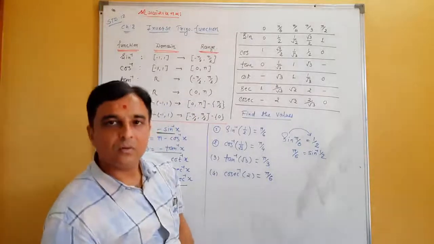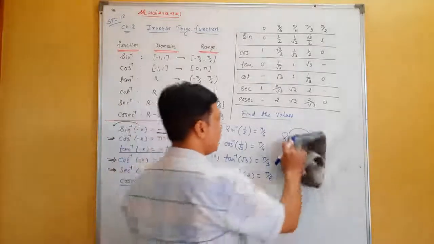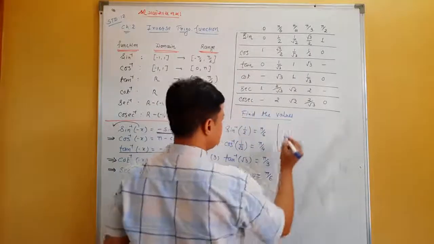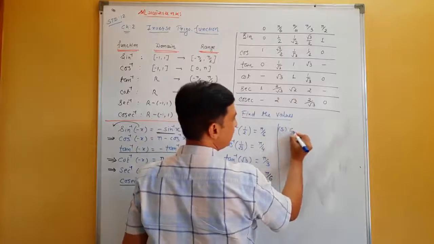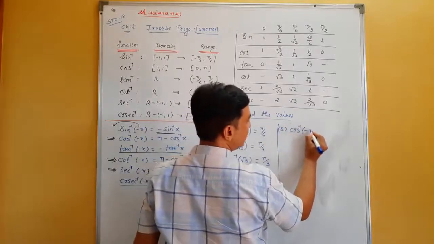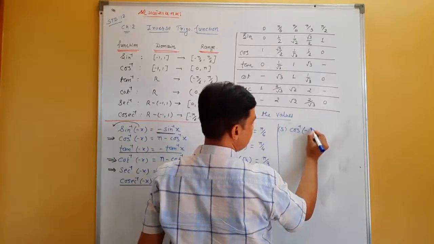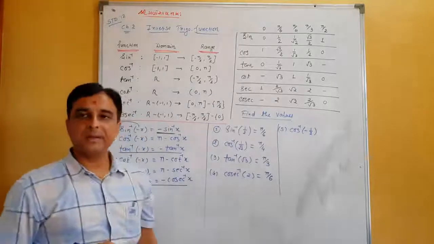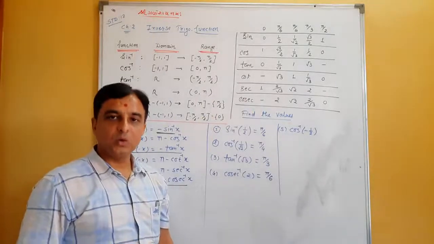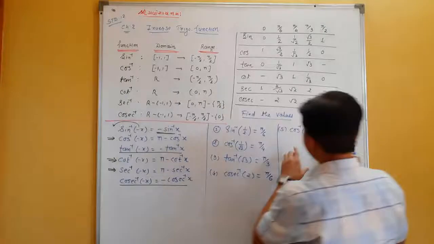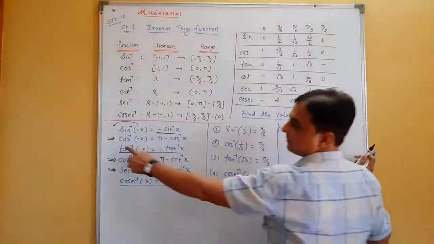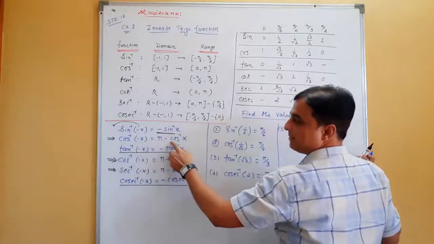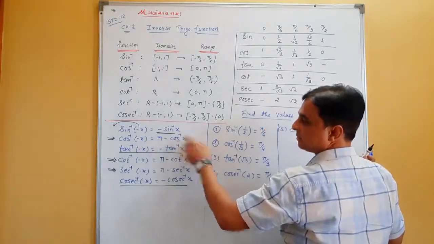Got it? Now for some negative values, we take cos inverse of minus 1 by 2. Now see, cos inverse of minus x. Use this formula to remove this minus: pi minus cos inverse, this will be positive.